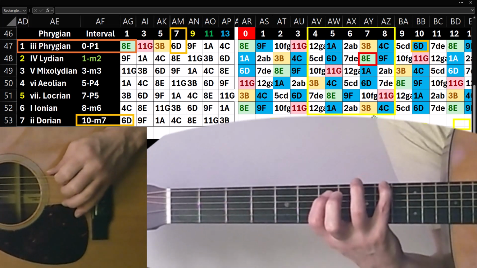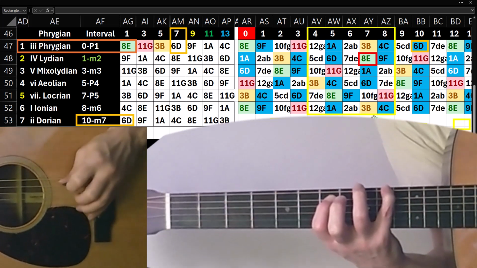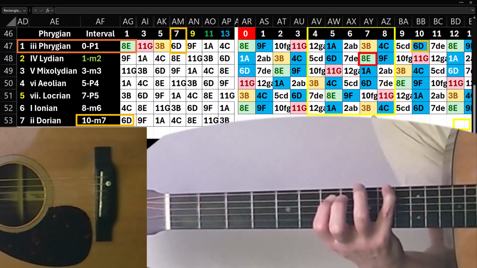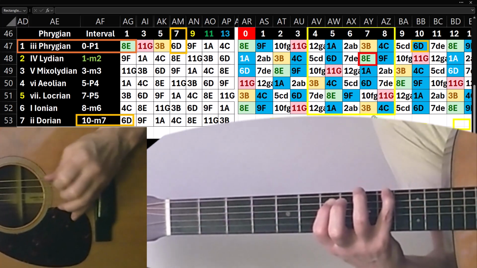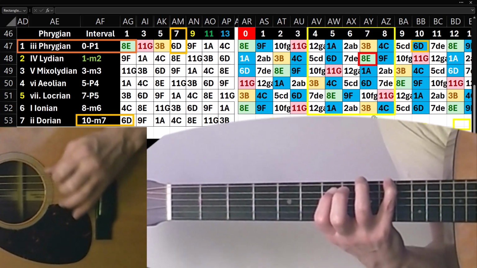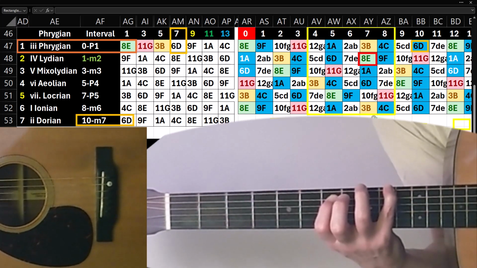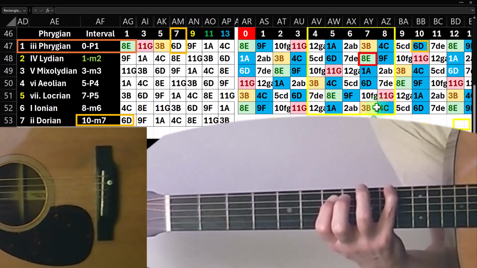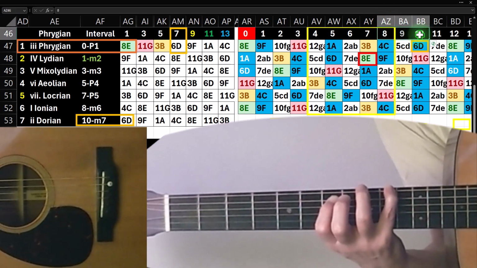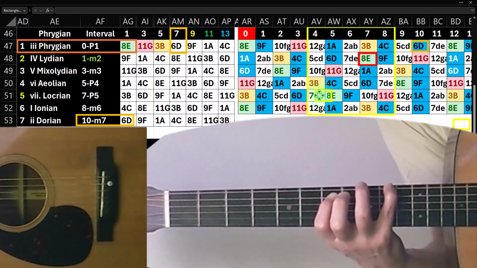So if I went from D to E, that would be a 2 note away major 2nd, and therefore the inverse, from E to D, would be a 10 note away minor 7. So if I go up 1 string, the 10 note away minor 7 will always be 3 frets forward unless I cross the fault line, which could only happen on the B string.